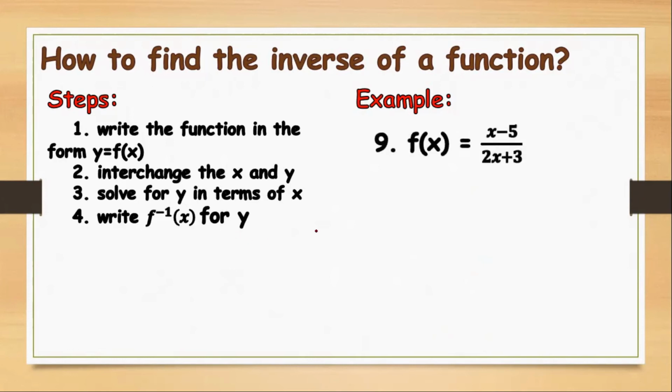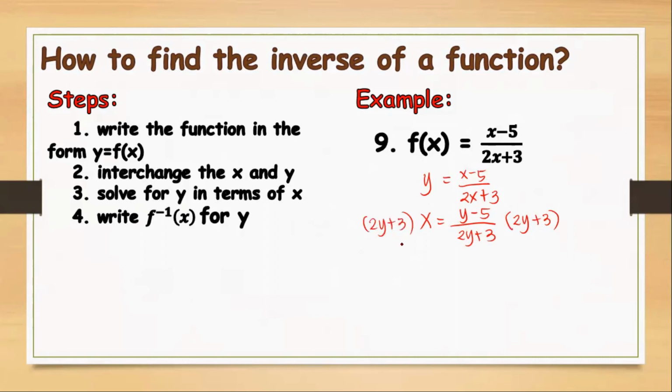Let's continue with number 9. So same thing, step 1, rewrite it. And step 2 is to interchange x and y. Then all we have to do is to eliminate the denominator first. So we have 2y plus 3 on the right, and 2y plus 3 on the left.